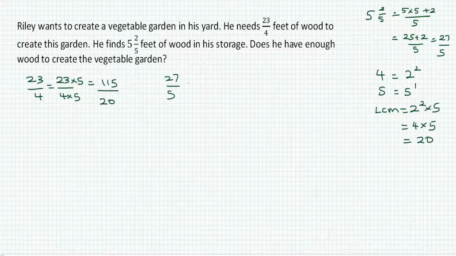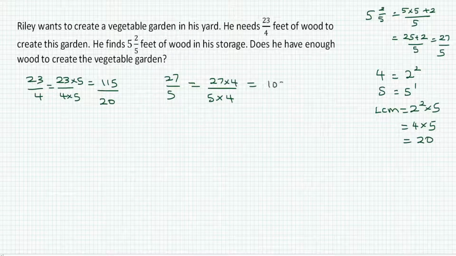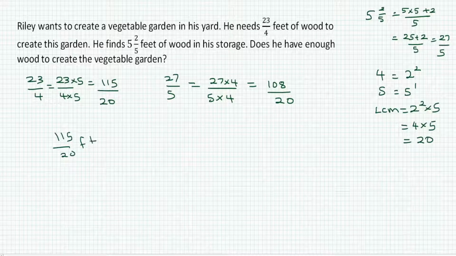This is going to give us 115/20. And here we're going to also multiply 5 by 4 so we can get 20. And then we multiply 27 by 4. This is going to give us 108/20. So how much wood does he need? He needs 115/20 feet, but he has 108/20 feet.